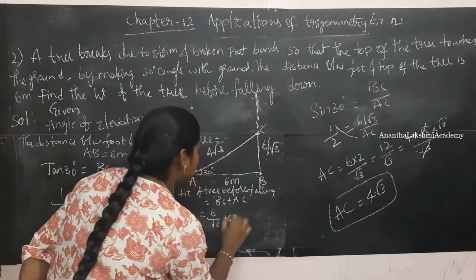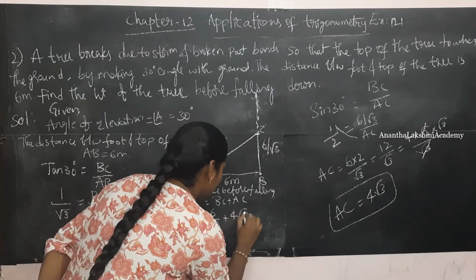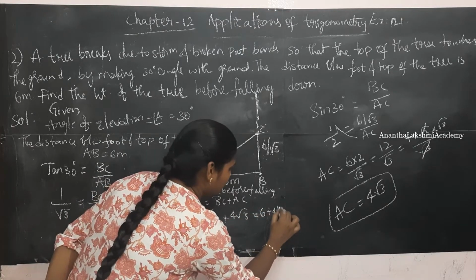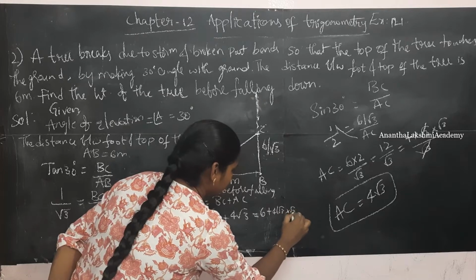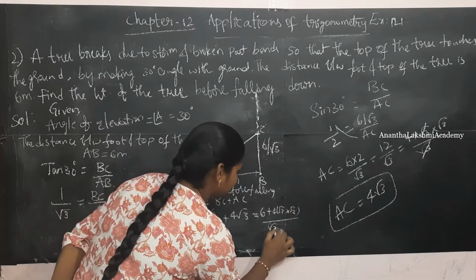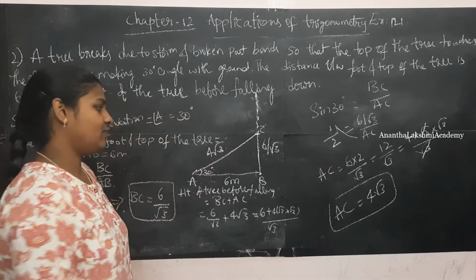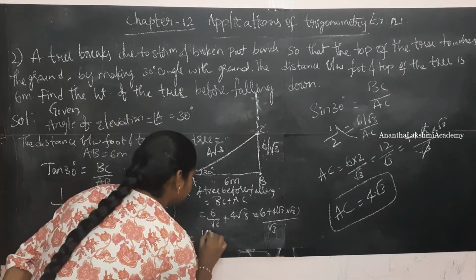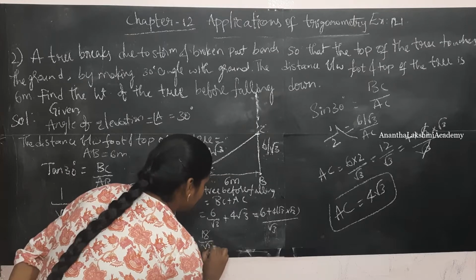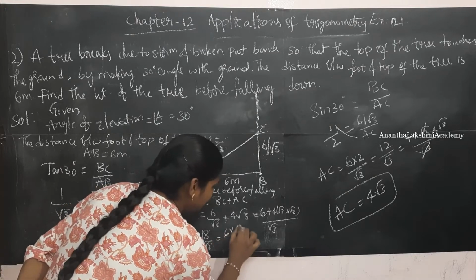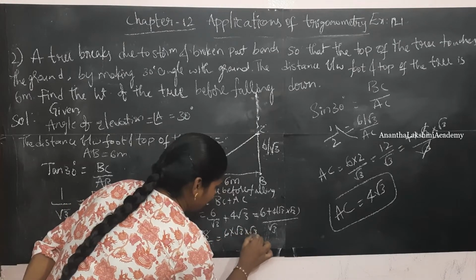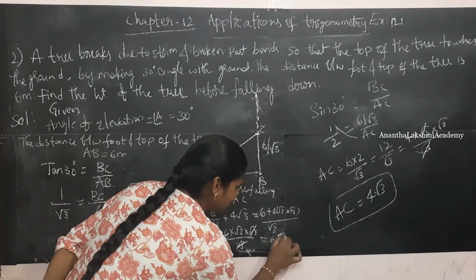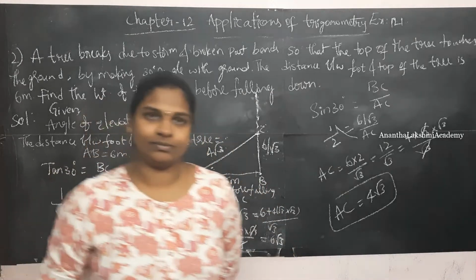What is AC? 4 root 3. If you take the LCM, this is going to be 6 plus 4 root 3 into root 3, by root 3. 4 threes are 12, and 12 plus 6 is 18 by root 3. 18 by root 3 again can be simplified into 6 into root 3 into root 3 by root 3. And we got the answer as 6 root 3.